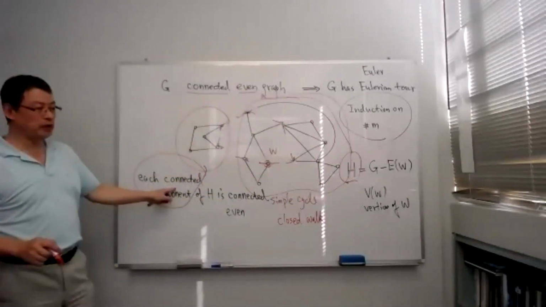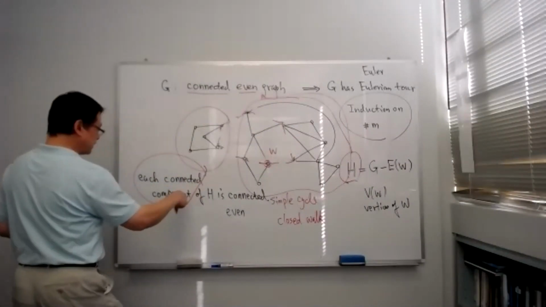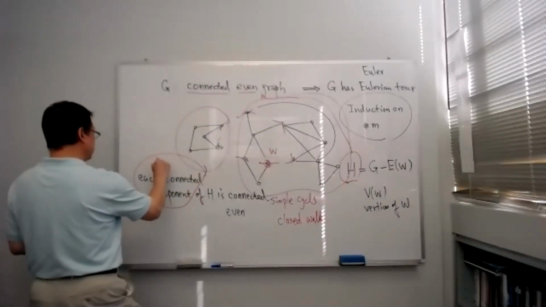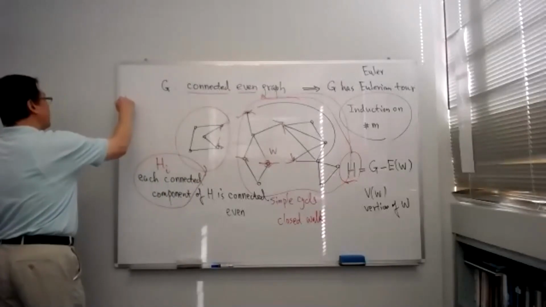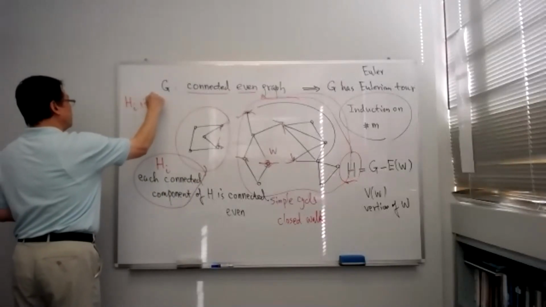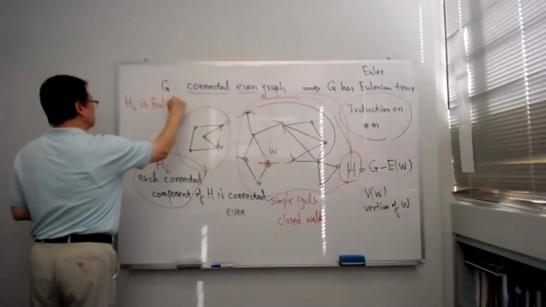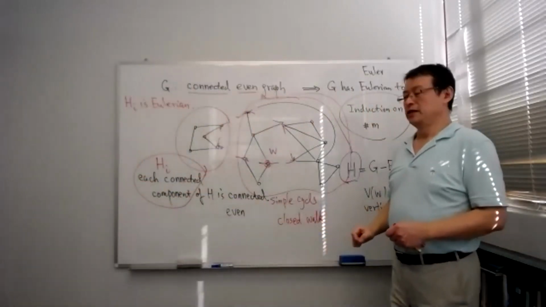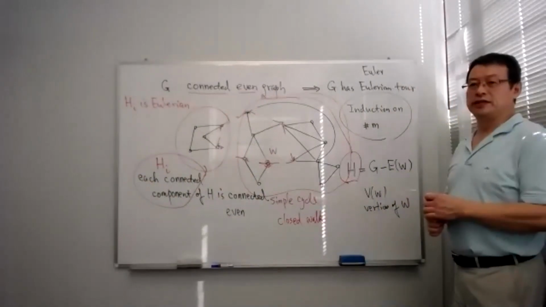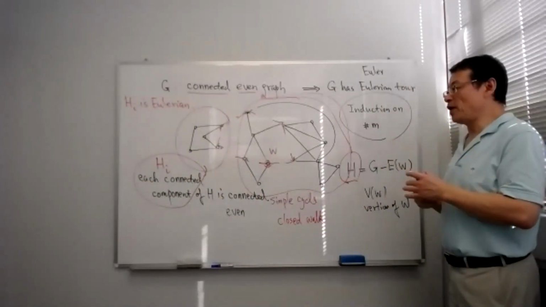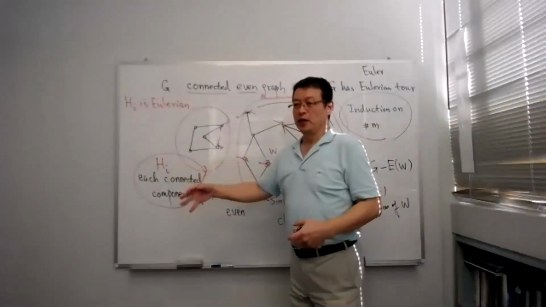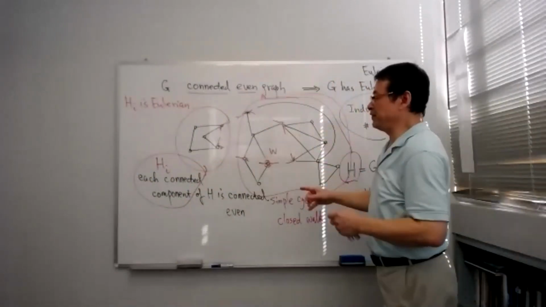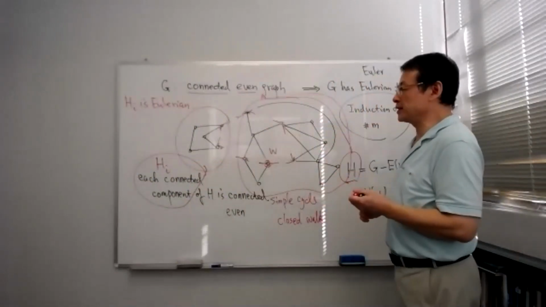So I'll give each component a name, maybe H_i. So H_i is Eulerian. Each connected component has an Eulerian tour. Now we use the induction hypothesis on each connected component. We get a closed walk that visits each edge of the component exactly once.